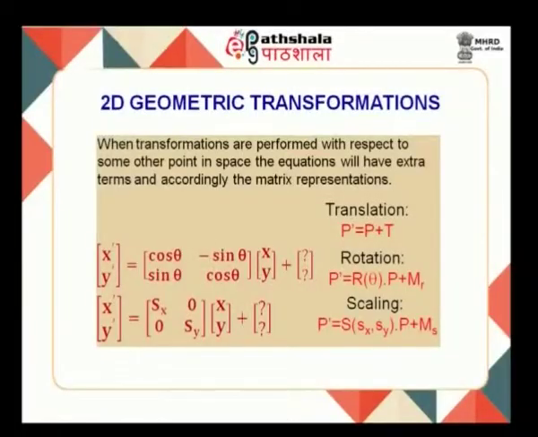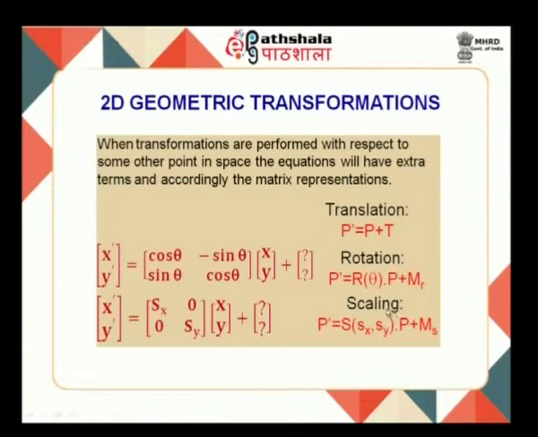So, now you can look at the notations. P dashed is equal to P plus T, where T is the translation matrix, and it is a simple addition. But for rotation we get an additional matrix, let us call that MR. MR indicates an additional matrix of size 2 by 1 when we perform rotation with respect to any other fixed point, any other pivot point.